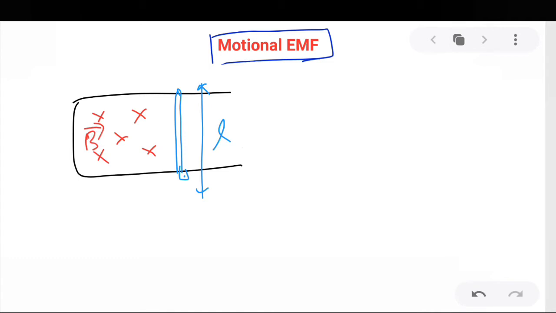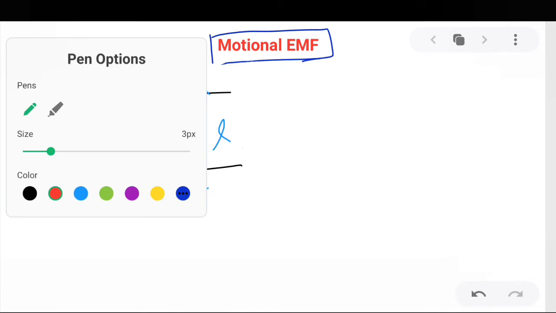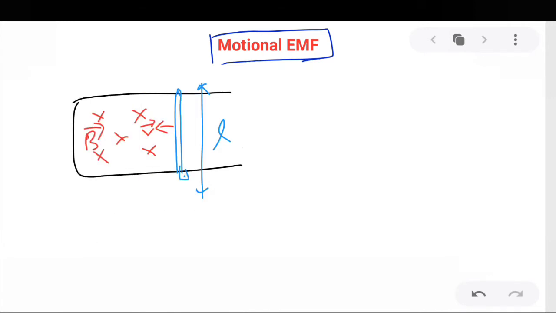Now suppose this wire is moving in this direction with velocity v. It slides from this position to this position, moving through a distance dx in time dt.